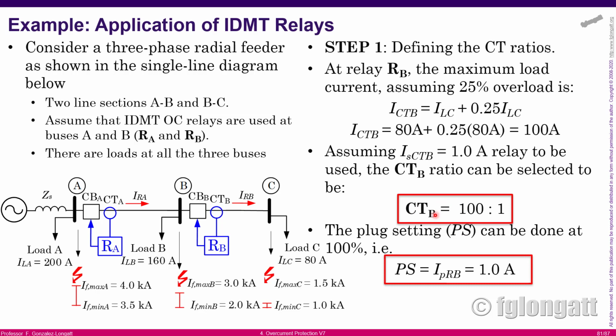We are using here a current transformer that is 100 to 1, okay? Simple. Now what we need to do is, if we are using 100 amps to 1, for relay B, we can use a plug setting of 1 amp, okay, 1 amp.